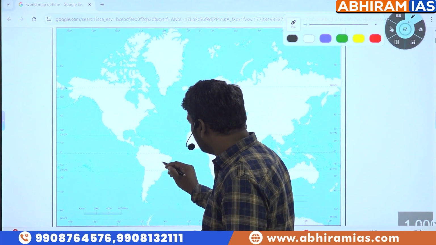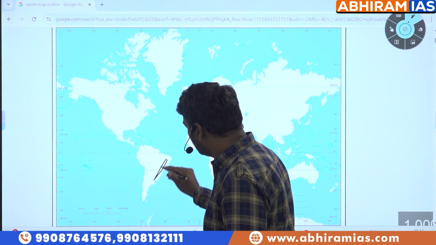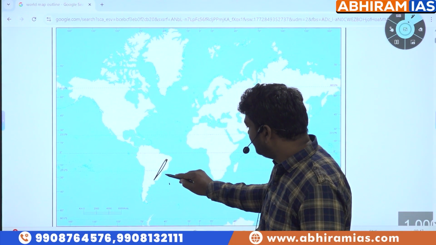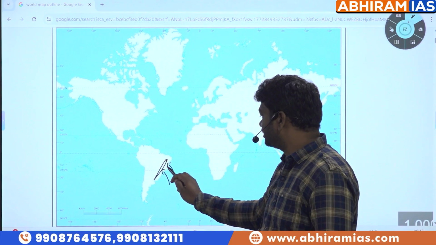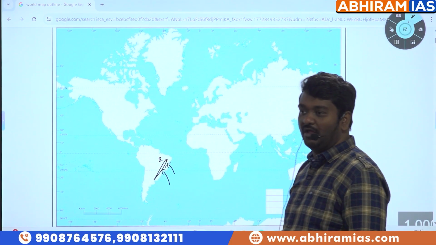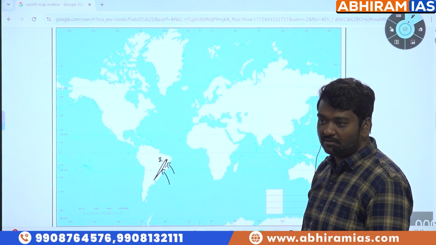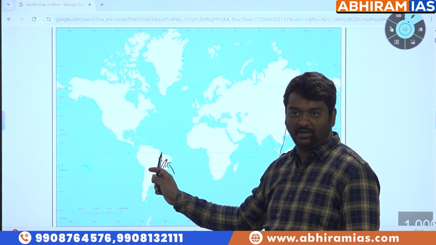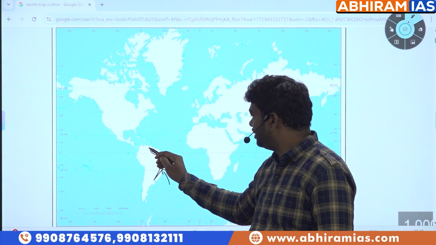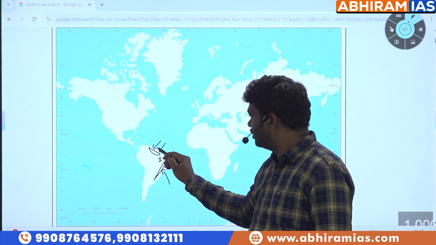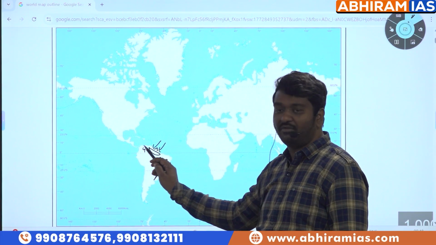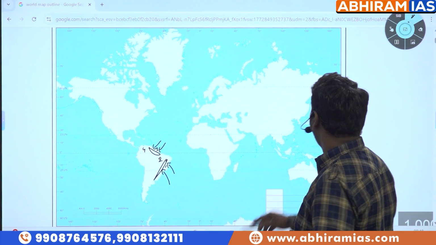Next, you see here, the Brazilian highland. How is the wind blowing? Southeast trade winds. Which is windward, which is leeward? 1 is windward, 2 is leeward. Here, 3 is windward, 4 is leeward.